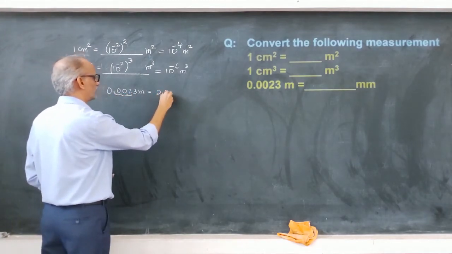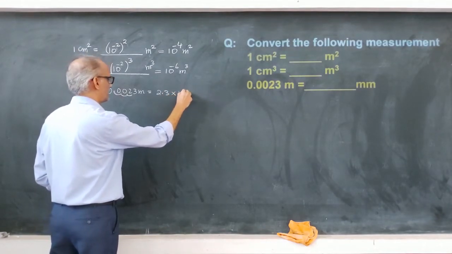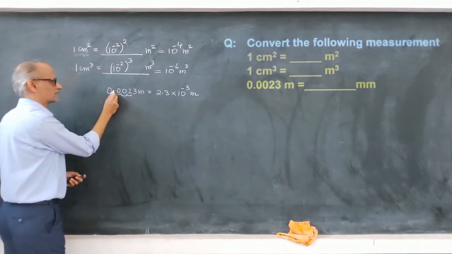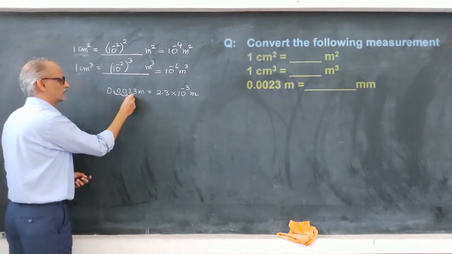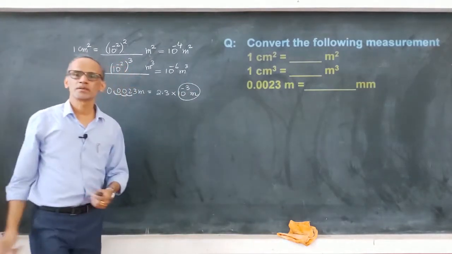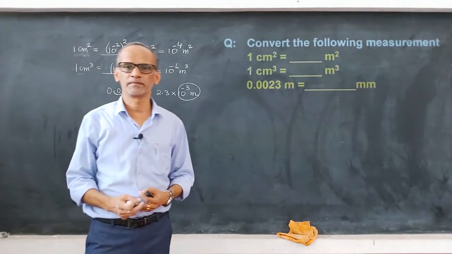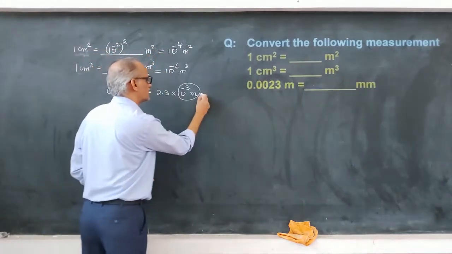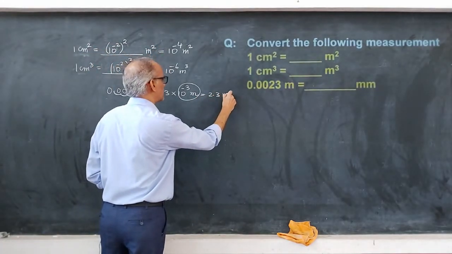So 2.3 into 10 to the power minus 3 meter. I've just shifted the decimal. What is 10 to the power minus 3 in terms of the prefixes? 10 to the power minus 3 is nothing but milli. So that's why it is 2.3 millimeter.